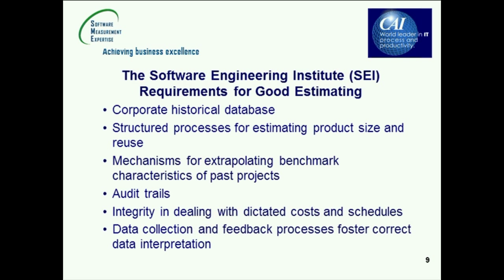So we will be talking about how you're going to set up good processes and procedures so you have that integrity built in. And then the last bullet is saying that you have data collection and feedback processes that foster correct data interpretation. And we'll be talking a little more about that, how you need standardized and documented processes and procedures consistent throughout your organization.